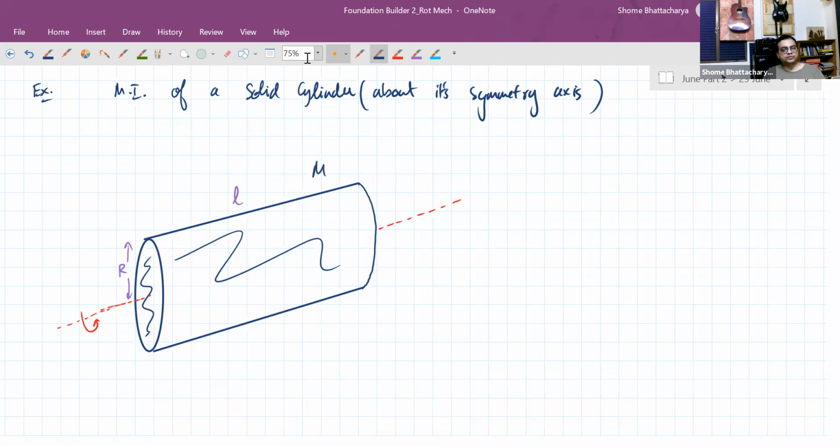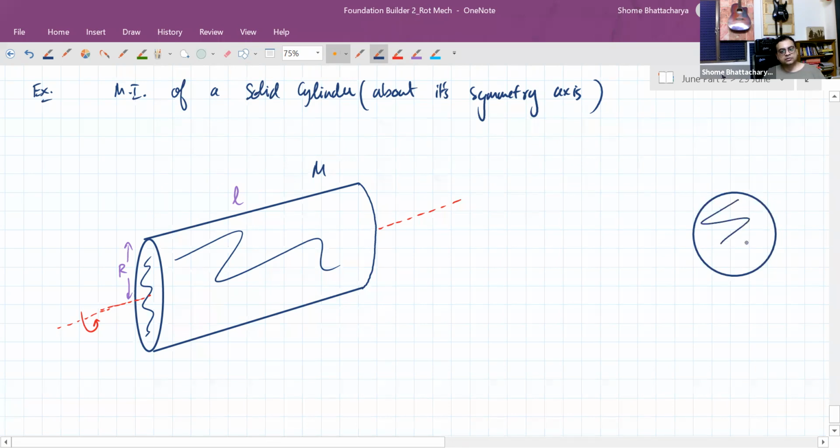So the front view of this will look like this. If you see it from front on, you will just see it like a disc, because you'll just see the cross section. And the particular axis we are talking about is this one. This radius is r.